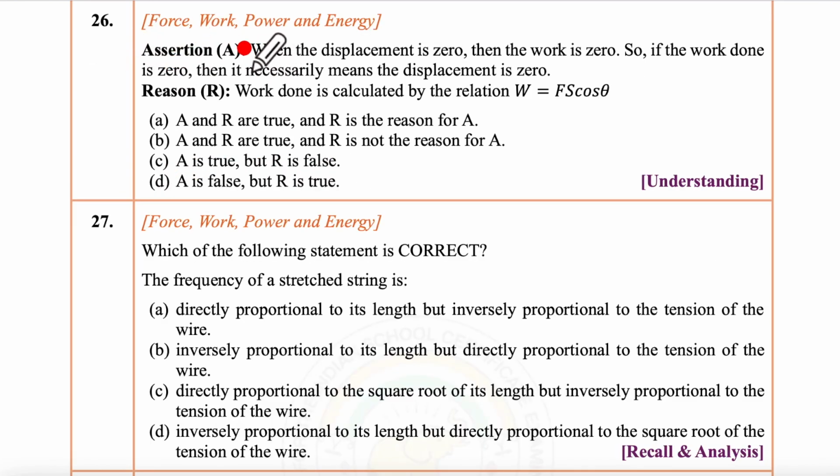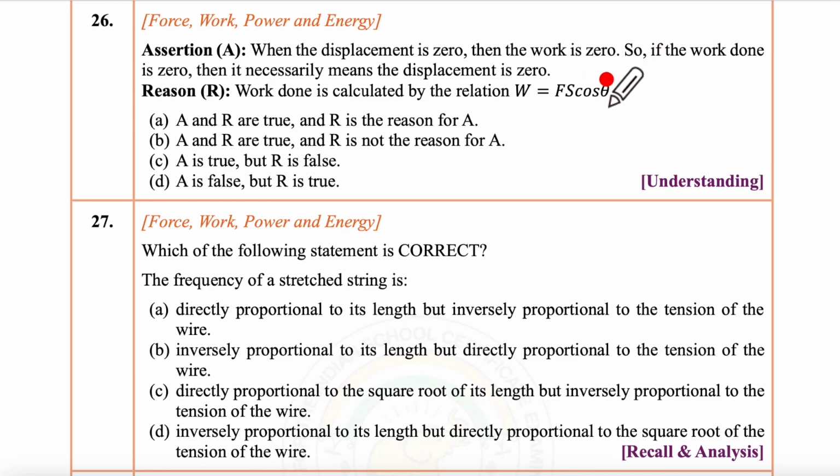Number 26. Again based on work, power, energy and force. Assertion A: When the displacement is 0, then the work is 0. So if the work is 0, then it necessarily means that the displacement is 0.